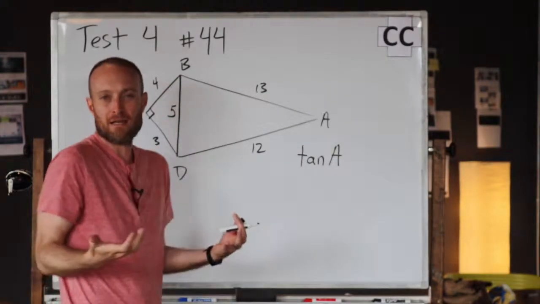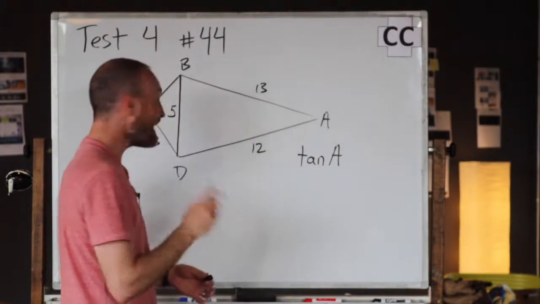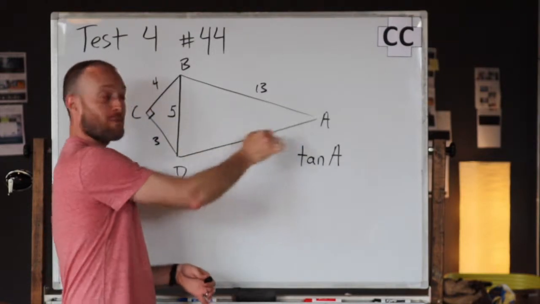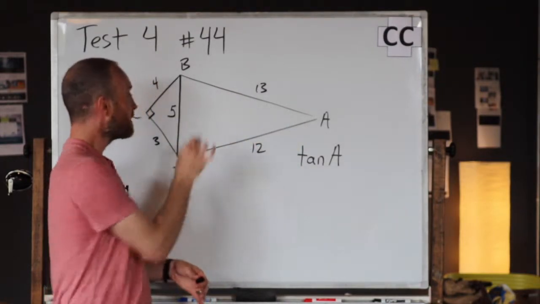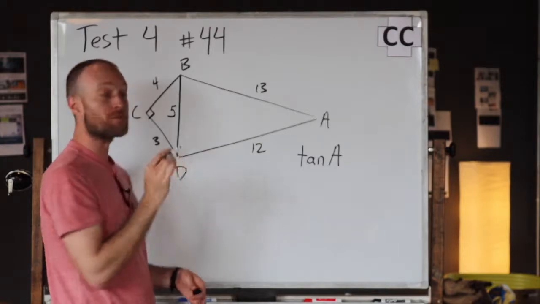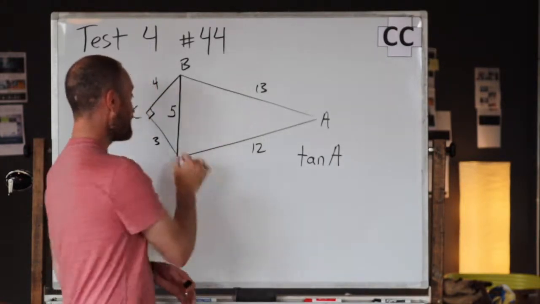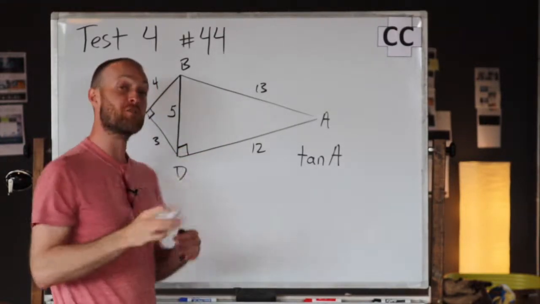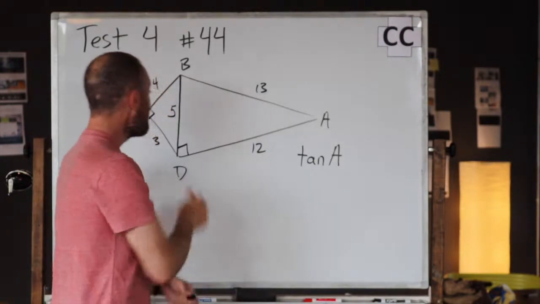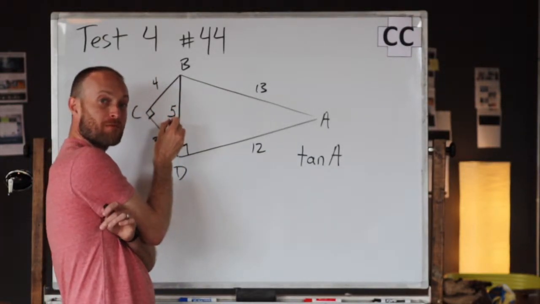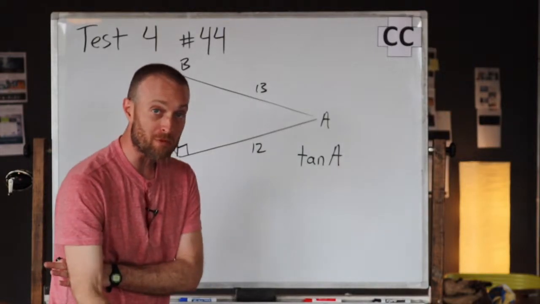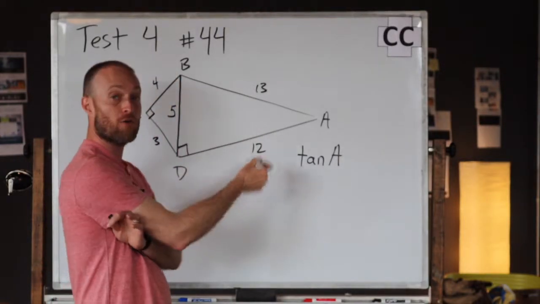Now you might say, well, why does that help me? Well, because now we know a little bit more information about this triangle. This triangle we know must be a right triangle as well, and we know this must be a right angle, because if this is 5, another Pythagorean triple is 5, 12, 13.